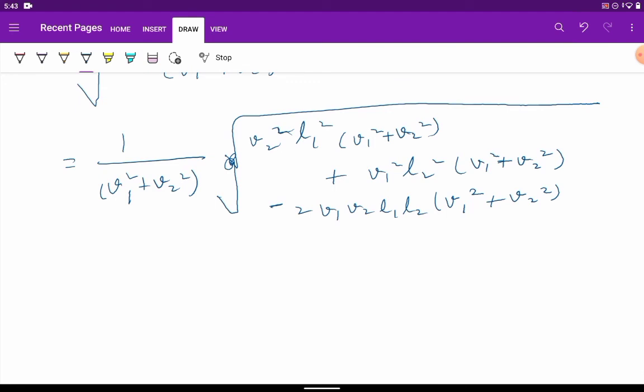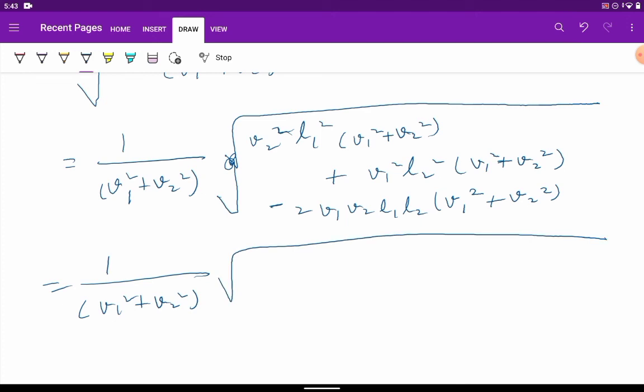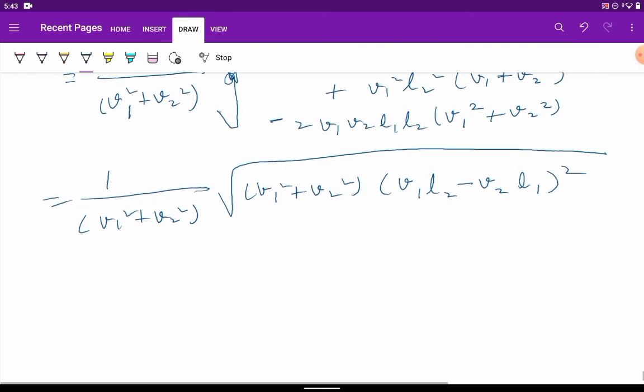Okay, this becomes 1 by (V1 square plus V2 square). So we can take this common: V1 square plus V2 square into V2 square L1 square plus V1 square L2 square minus 2 V1 V2 L1 L2, which is essentially (V1 L2 minus V2 L1) whole square, right?